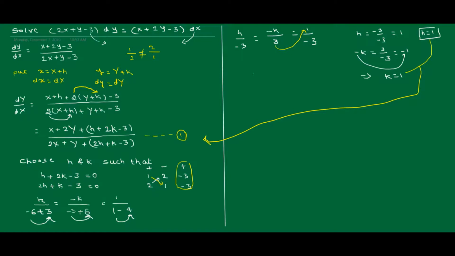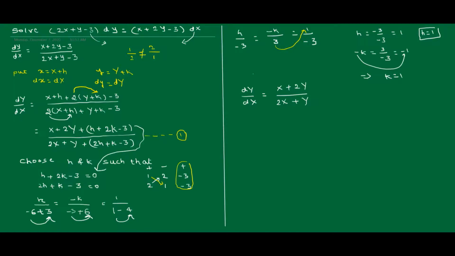If you substitute in equation 1, we get dy by dx is equal to x plus 2 capital Y divided by 2x plus capital Y. So here h plus 2k minus 3 we have taken, this is equal to 0, and 2h plus k minus 3 we have taken, that is equal to 0. Or if you substitute the value for h and k, again you will get 0 only.